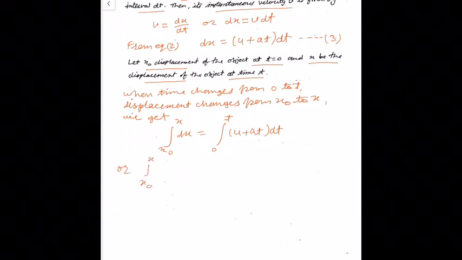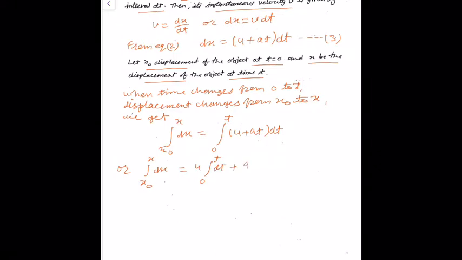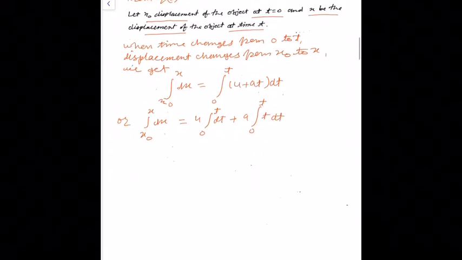integral from x naught to x of dx is equal to u integral from 0 to t of dt plus a integral from 0 to t of t dt.